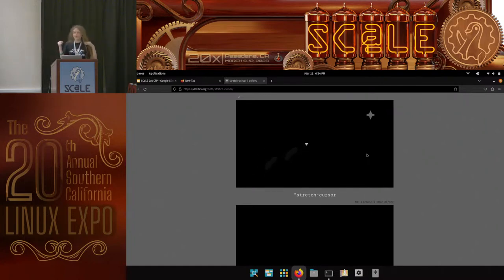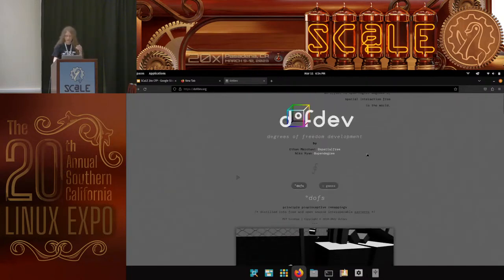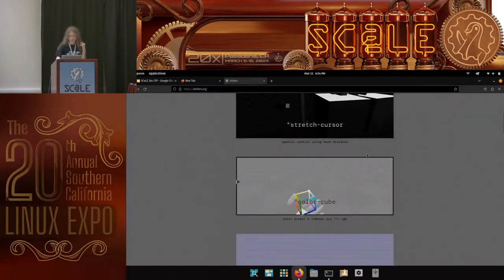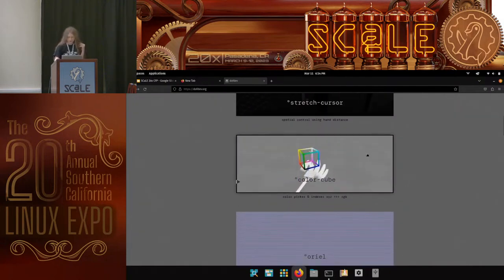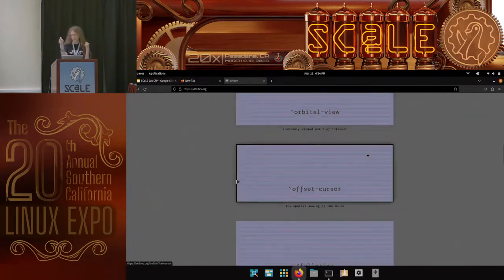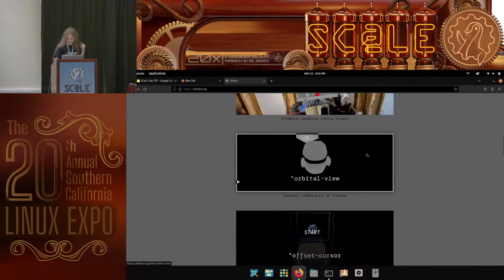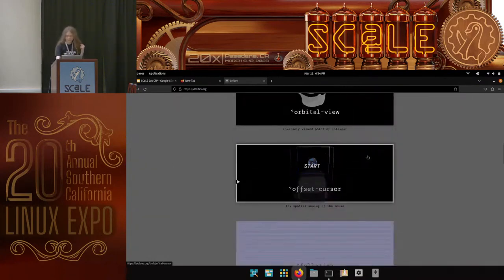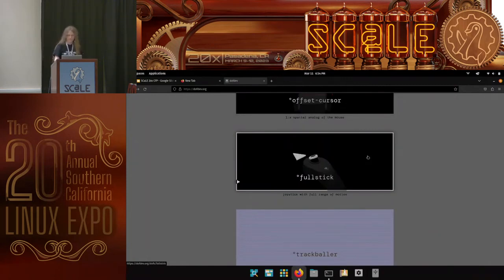So it's a lot more comfortable for you to do that than to just reach out there yourself. You've got color cube, which is a way to choose colors. You've got orbital view, a way to rotate things while only moving your head around instead of having to walk around it. Lots of other things.